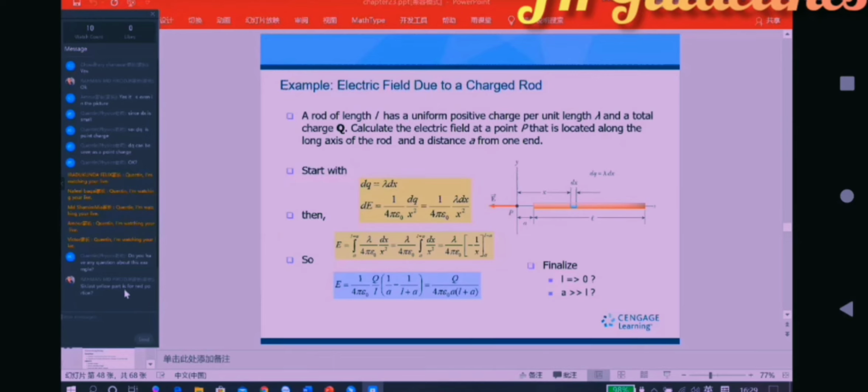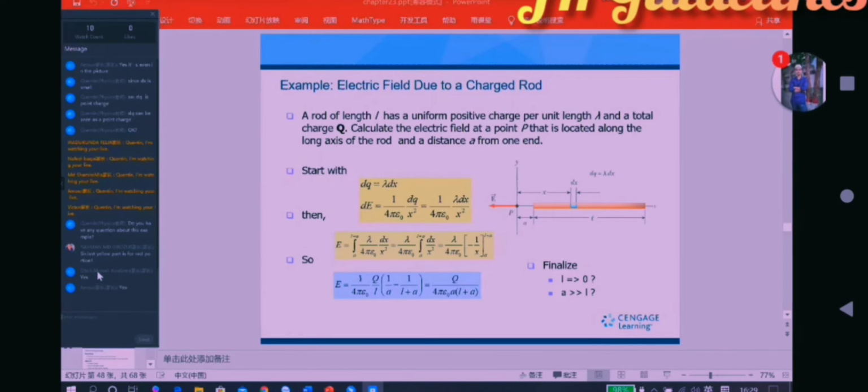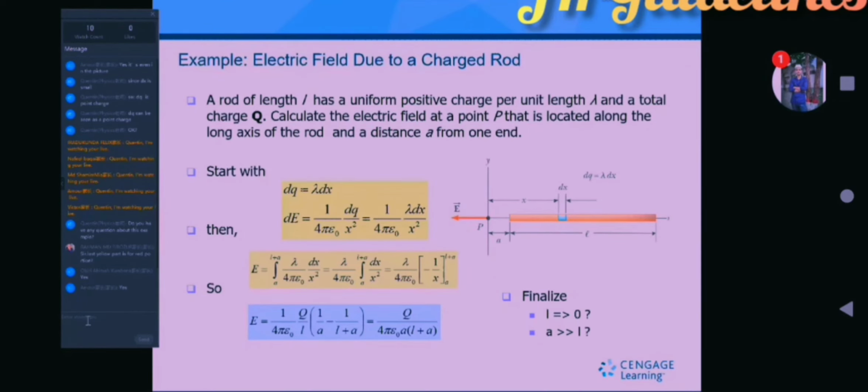Last yellow part is for red portion. I'm sorry, what's... I do not understand your question.